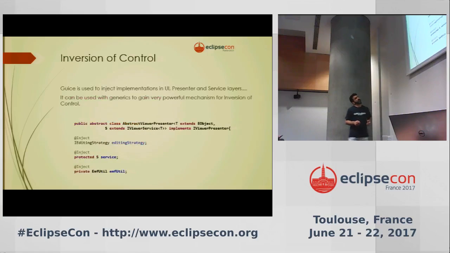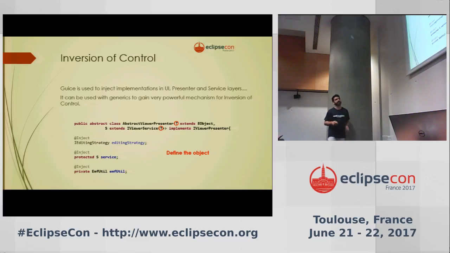Another important thing is the injection that we can use with generics. Here you can see that I define an abstract viewer presenter that manages the object T. T defines the object that will be shown.